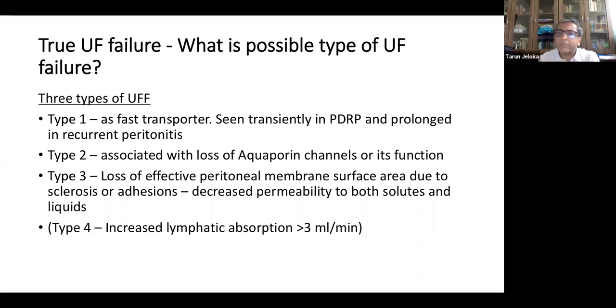So in 60 minutes, that means 1 hour, 120 mils of fluid may be absorbed through lymphatics. So 1 to 2 mils per minute. But if it is more than 3 mils, because of some reason, it may result in ultrafiltration failure, because whatever glucose is extracted is returned back through lymphatic channels, and that can also lead to ultrafiltration failure, which is type 4 ultrafiltration failure.